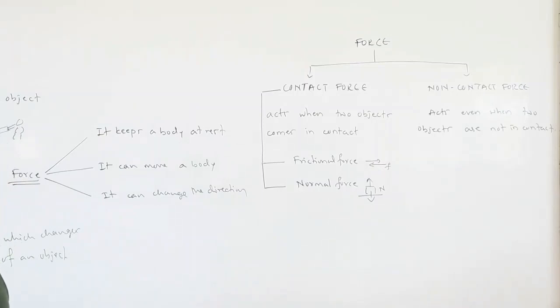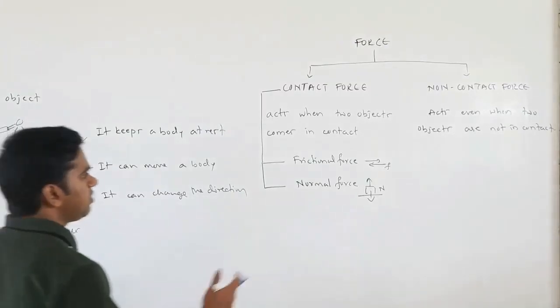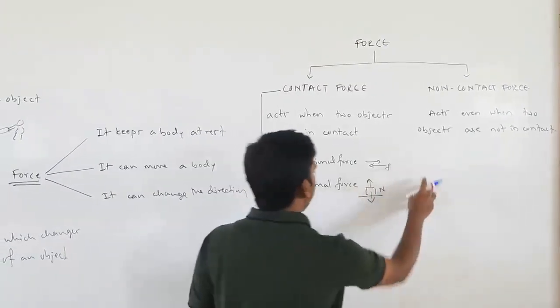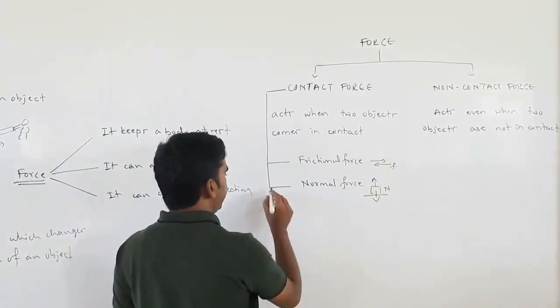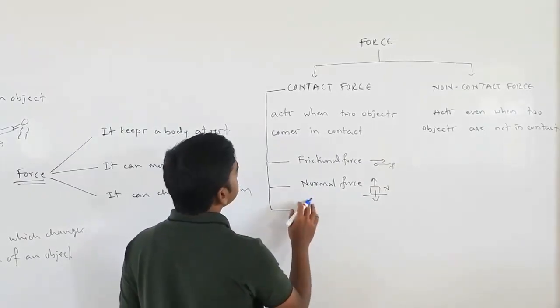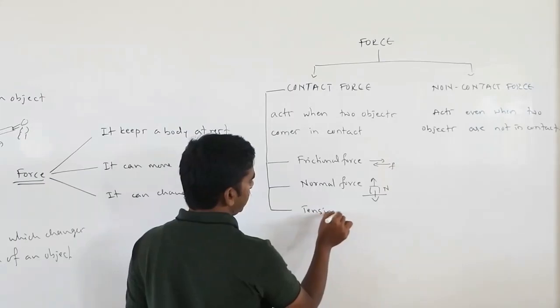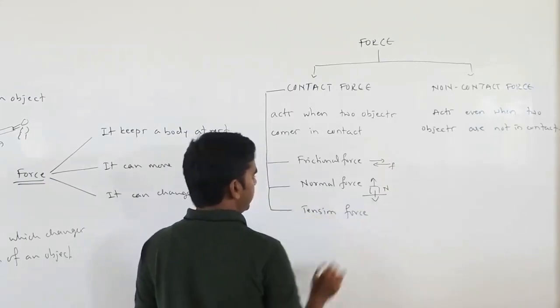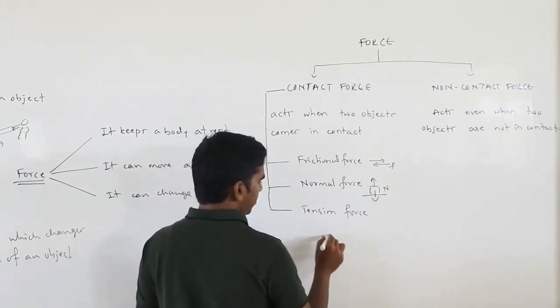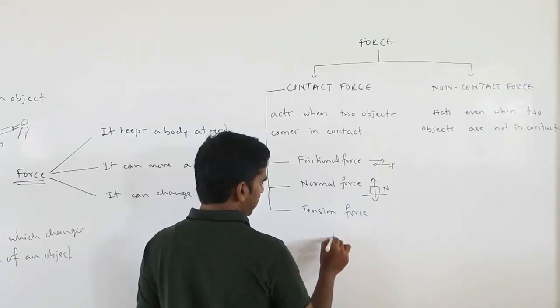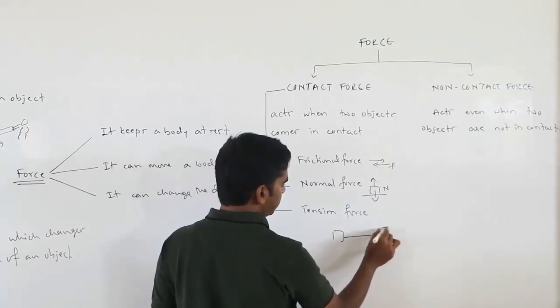Okay, so similarly, if I take another example of contact force, that is what? Tension force. Okay, tension force in the sense when two bodies are connected by a string.